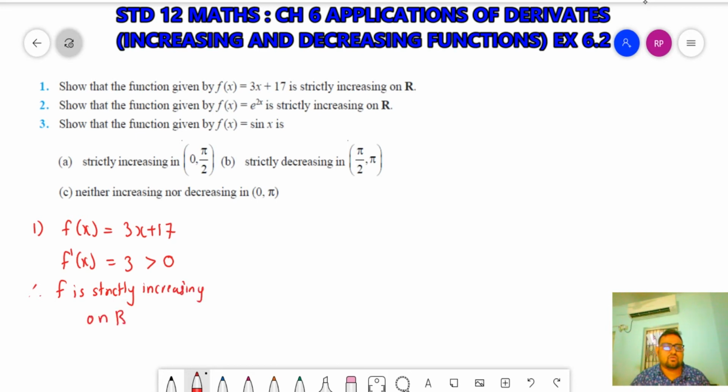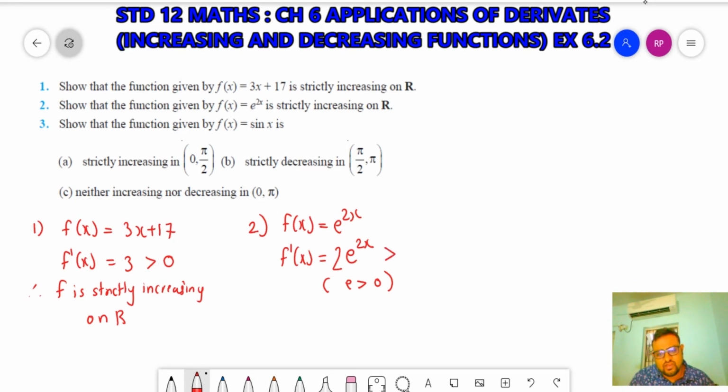on R. Okay. Second, f(x) is equal to e raised to 2x. Differentiating it, f dash x will be equal to e raised to 2x into d by dx of 2x, that is 2. So that is 2e raised to 2x. Now we know that e is greater than 0, right? So whatever the value of x, either positive or negative, e raised to 2x will always be positive.